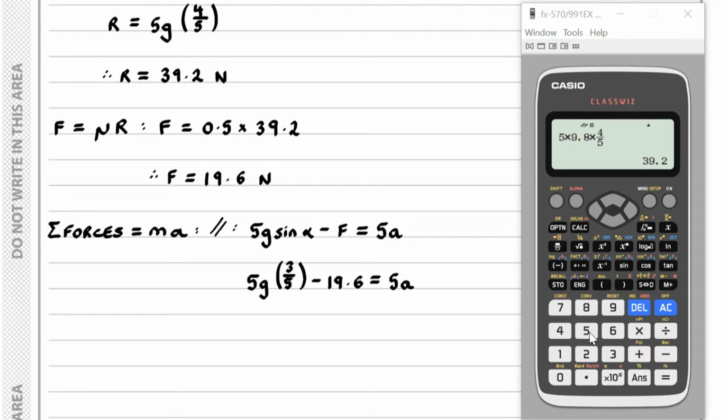So we have 5 times 9.8 times 3/5 subtract 19.6. So we have 5a equals 9.8, and if I divide this through by 5, we can therefore conclude a is equal to 1.96 meters per second squared.